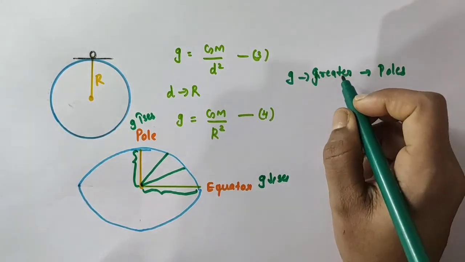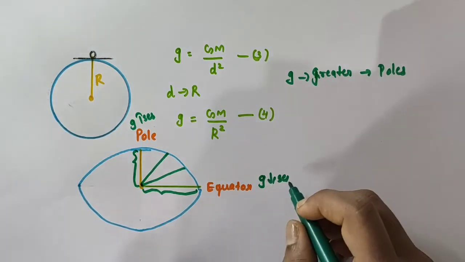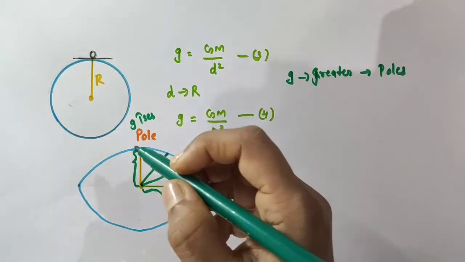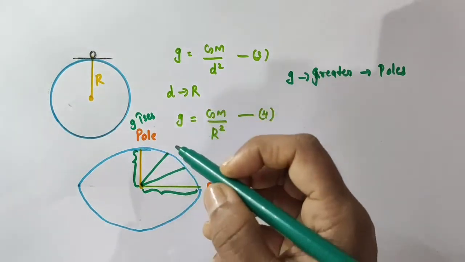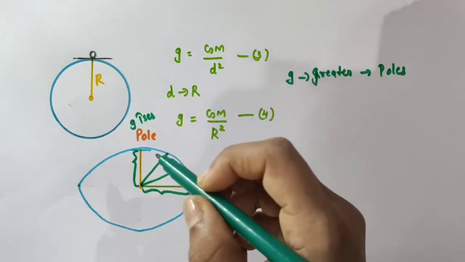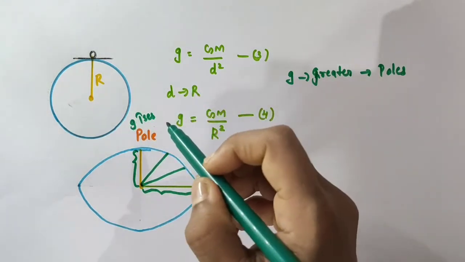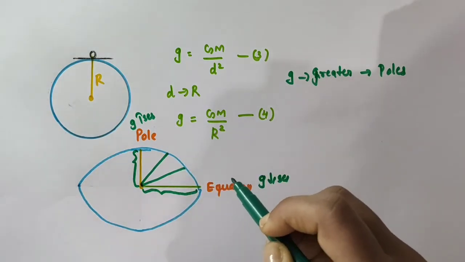While we are comparing the values of acceleration due to gravity near the equator regions as well as the polar regions, the value of g becomes greater at the poles than at the equator.